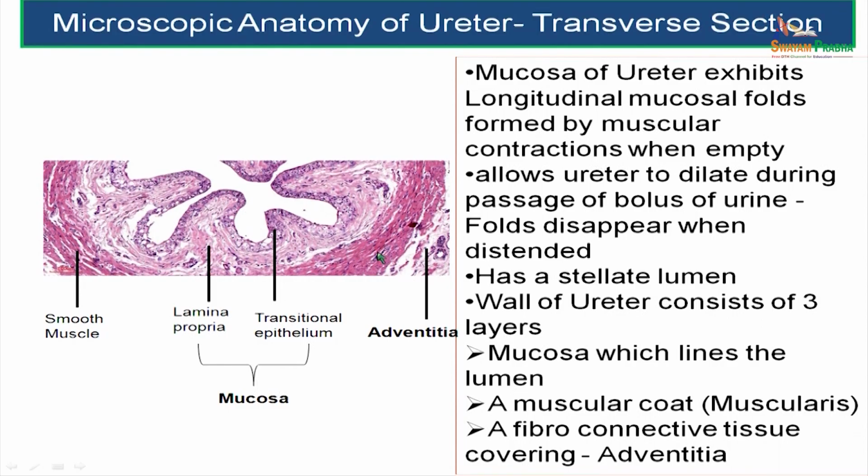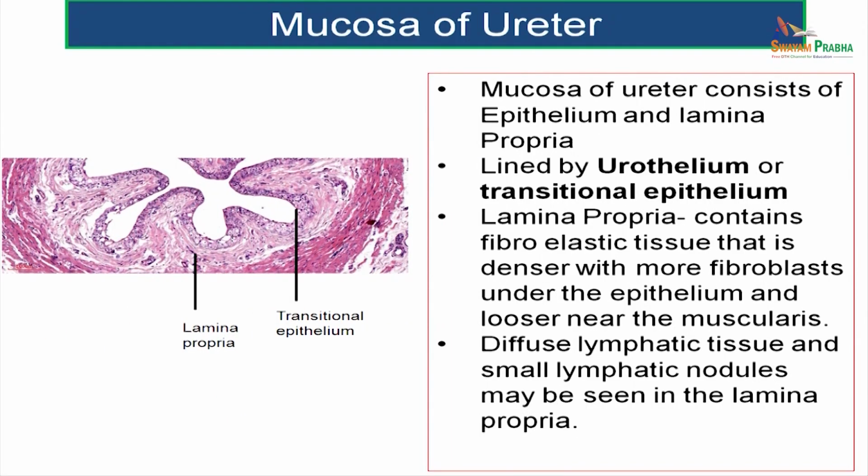Then a muscular coat, which is also called muscularis, and the outermost coat, which is a fibroconnective tissue covering, that is adventitia. So, the three layers in the wall of the ureter are mucosa, muscular coat and adventitia. Let us now study each of these layers in detail.